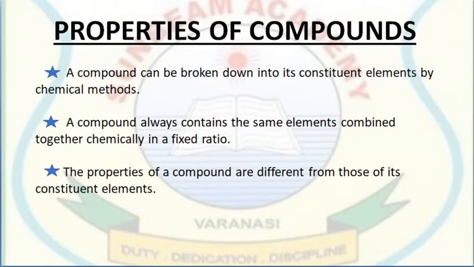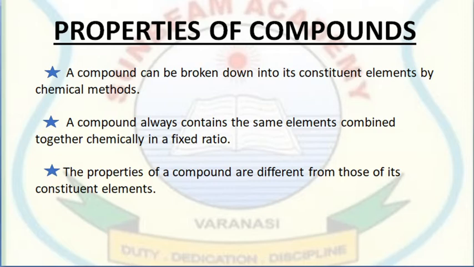properties of compounds. The compounds which we have discussed are made up of two or more than two elements when they combine chemically in a fixed ratio. So they are known as compounds, and these compounds have the following three important properties. The first one: a compound can be broken down into its constituent elements by chemical methods.